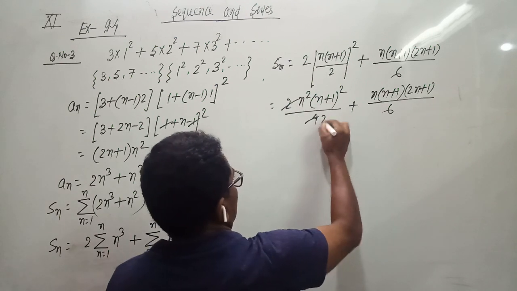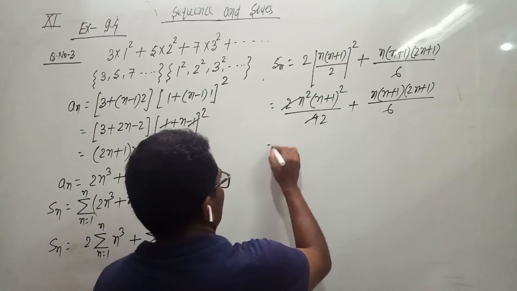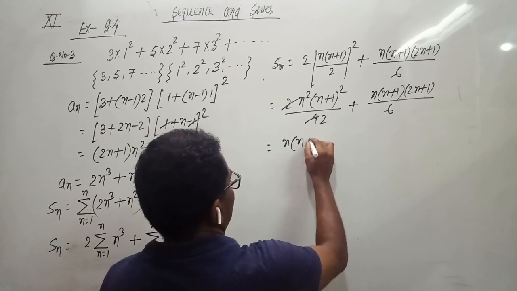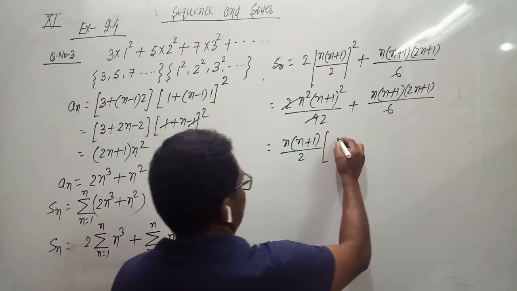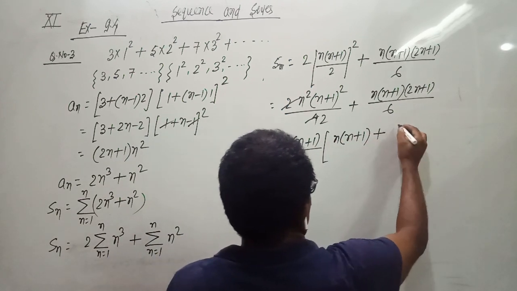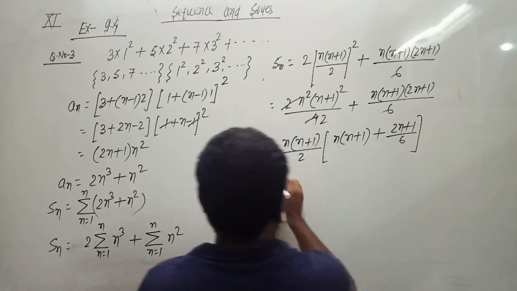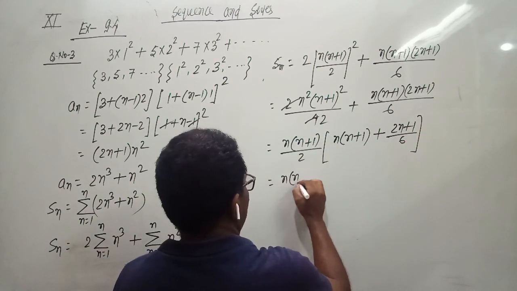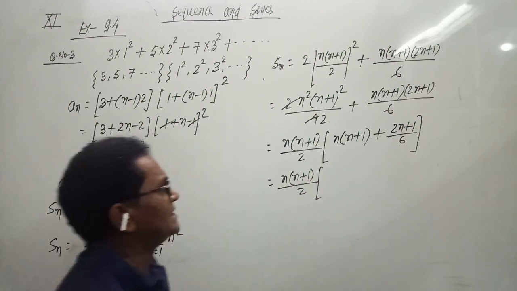Then we take common from both the terms. n into n plus 1 upon 2 is the common. Here we get n into n plus 1 plus 2n plus 1 upon 6. So n into n plus 1 upon 2, and take LCM inside the bracket.